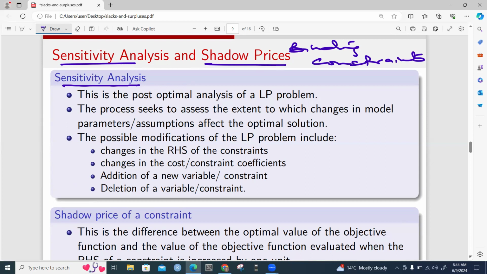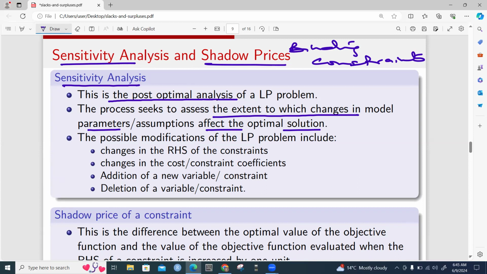And so sensitivity analysis is just a post-optimal analysis upon getting the optimal solution and the optimum point of a linear programming problem. Any analysis that goes in to try to assess the extent to which changes in the model parameters or assumptions affect the optimal solution, that process is actually sensitivity analysis.